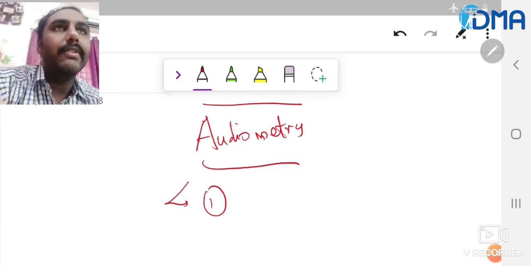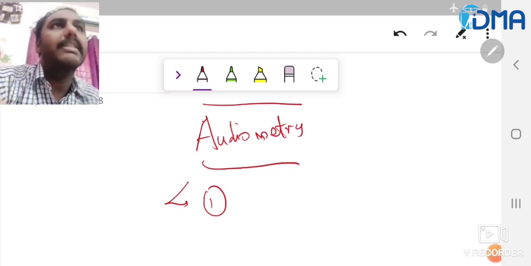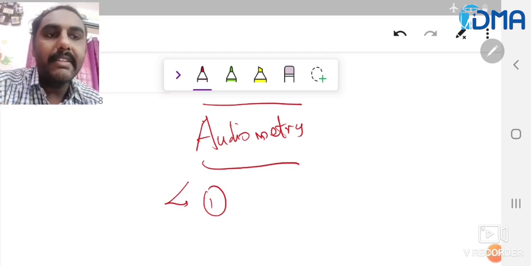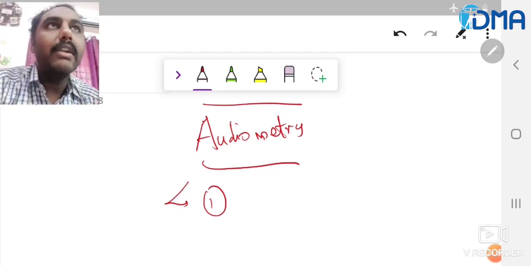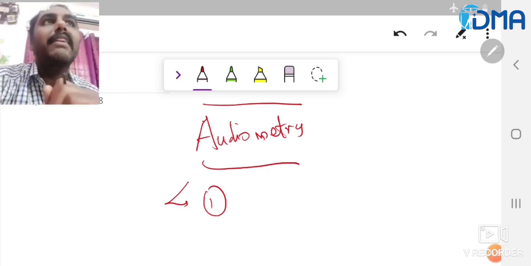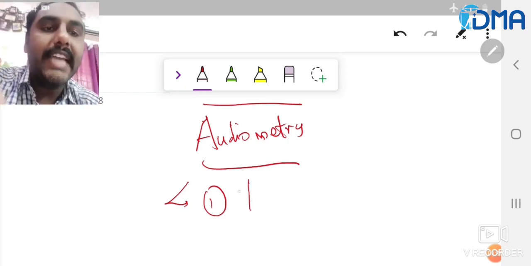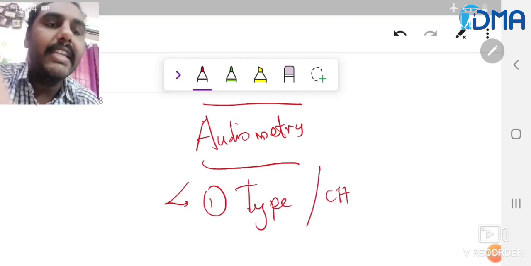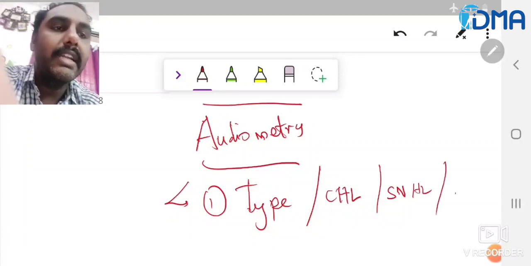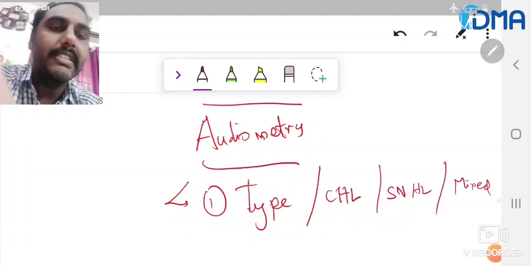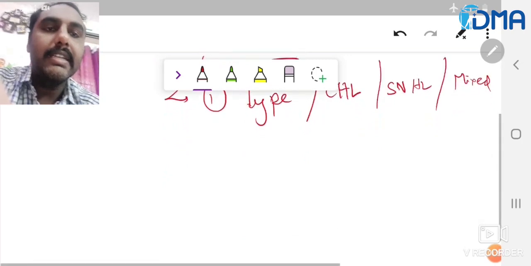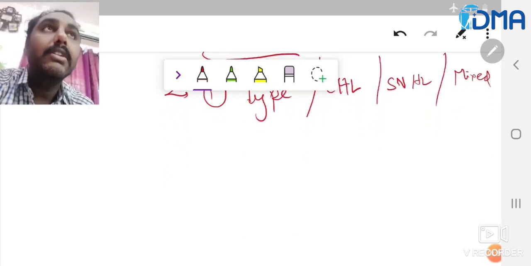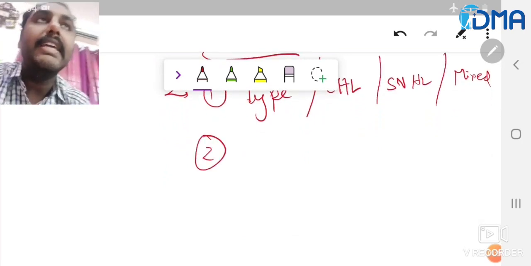You check a tuning fork test and say that okay, you have some hearing loss. The patient will again ask you, doctor sir, what is the problem I am having? That means what is the type of hearing loss I am having, whether it is conductive hearing loss, a sensorineural pattern of hearing loss, or a mixed pattern of hearing loss. And the next thing he will ask you, doctor sir, what percentage of hearing defect do I have?